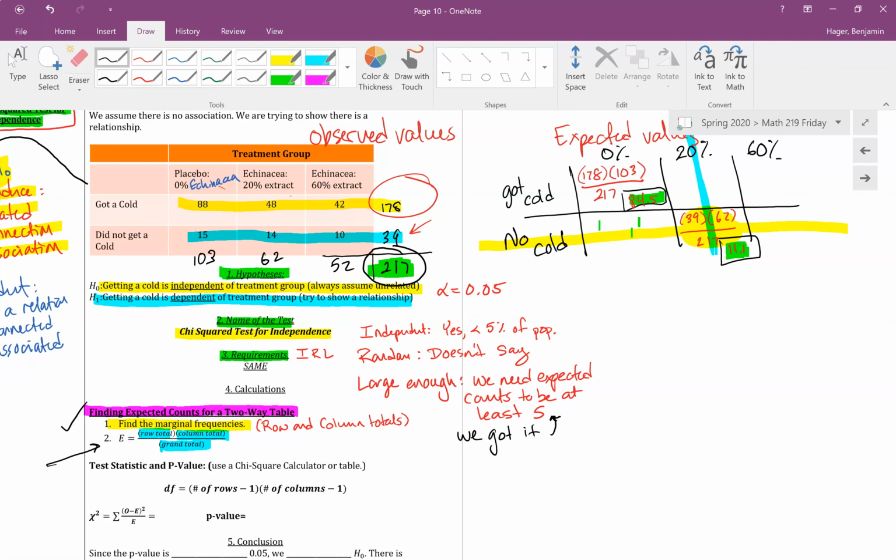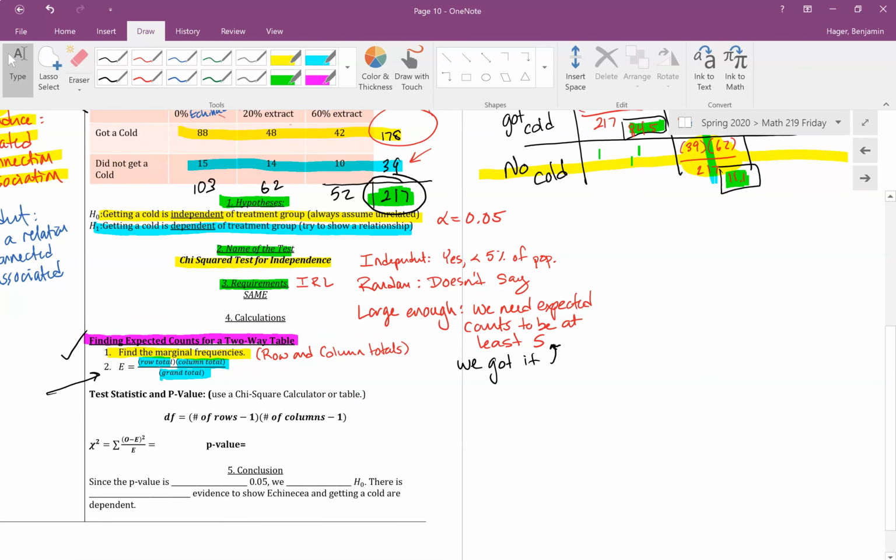One place we're actually going to need these, if you're doing it by hand, is when it comes time to do the test statistic. So that's where we're at now. We're at step 4. They didn't label it, but step 4, isn't that always find the test statistic and the p-value? So the test statistic, we already know how to find chi-squared. Remember, it's what you observe minus what you expect.